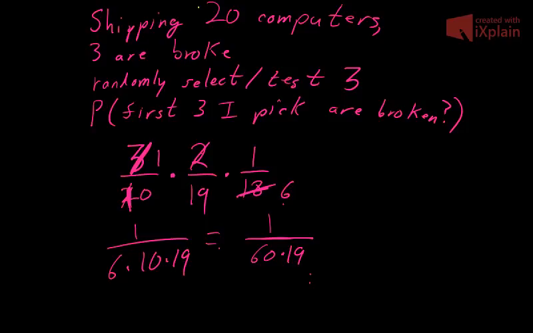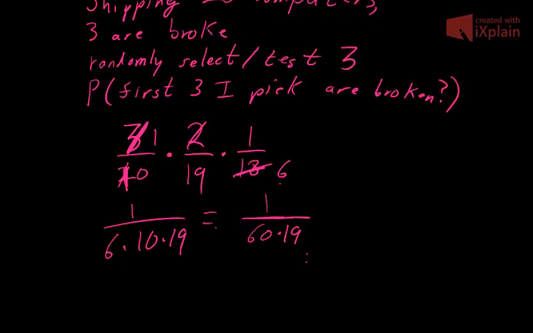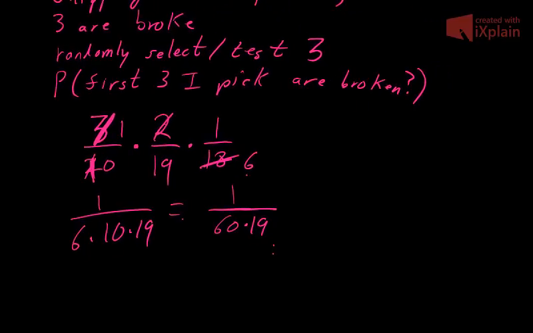That'd be 600 plus 540, or 1,140. So 1 over 1,140.